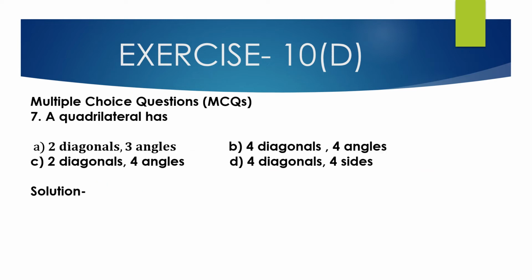Now question number 7. A quadrilateral has: options are 2 diagonals 3 angles, 2 diagonals 4 angles, 4 diagonals 4 angles, 4 diagonals 4 sides. This is a quadrilateral ABCD.